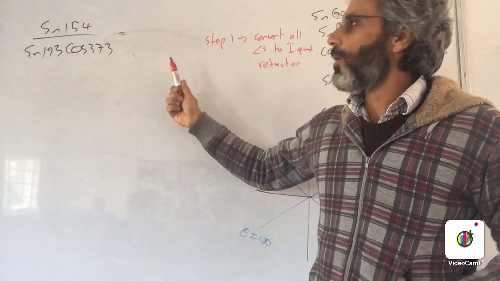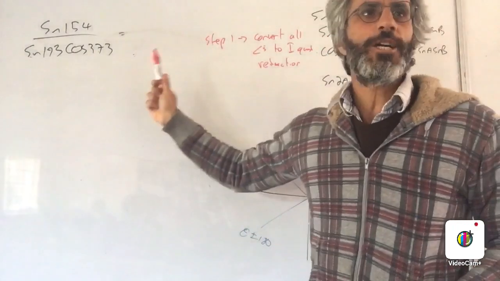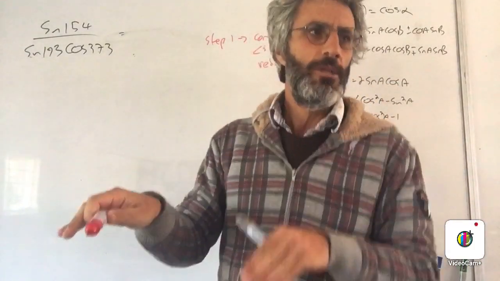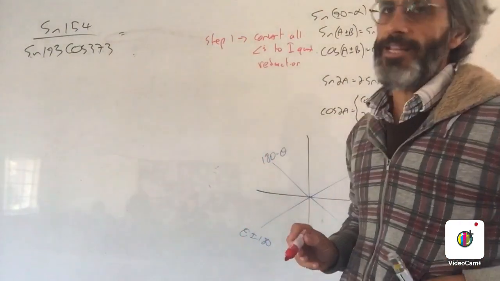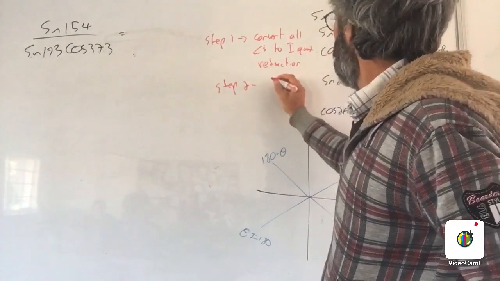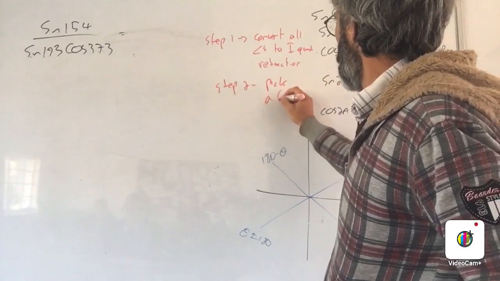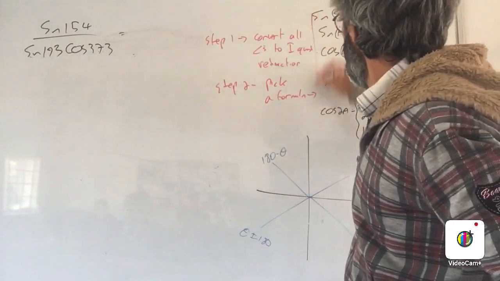It is difficult, and the last step is very difficult. But the reduction, I'm not saying it's easy, but it's quite mechanical. So if we're all careful, we should all be able to get these marks. It's only in the second step that you have to pick a formula, one of those formulas.